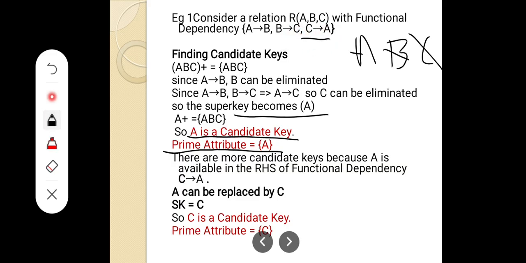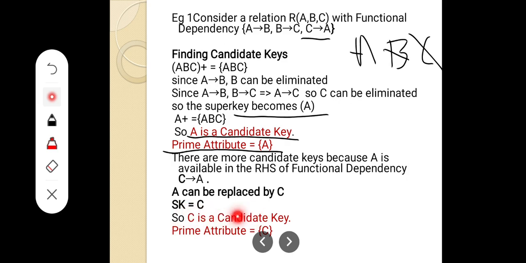This functional dependency has A as the RHS: C determines A. That means we can replace A with C. So there is one more candidate key because A is available in the RHS of a functional dependency, C determines A. So the new super key is C. So C can also be a candidate key. Clear? So the prime attribute is C.